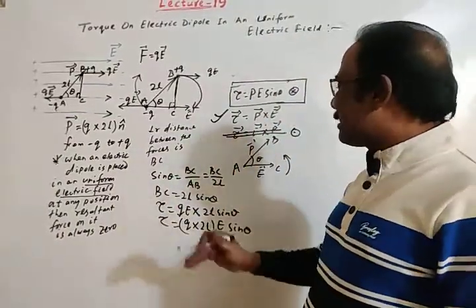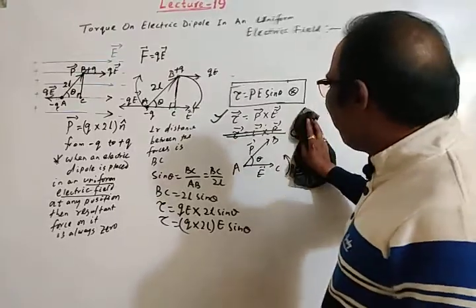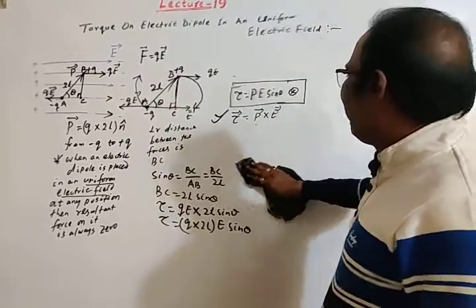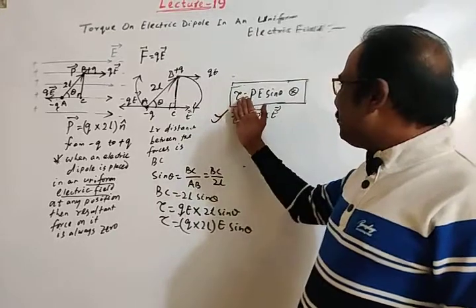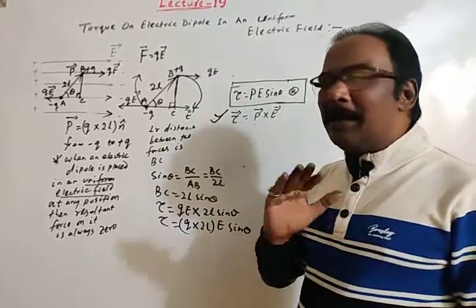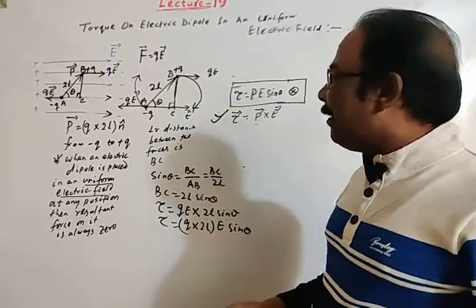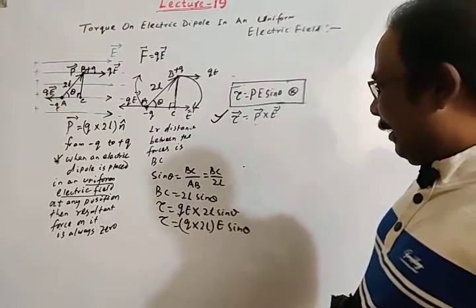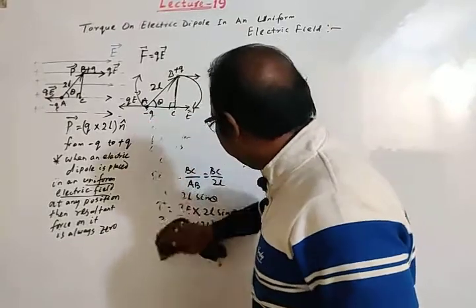This is the torque of an electric dipole in a uniform electric field. Under what condition will the magnitude of torque be maximum, and under what condition will it be minimum? We will discuss and represent all these. I am writing the summarization here.